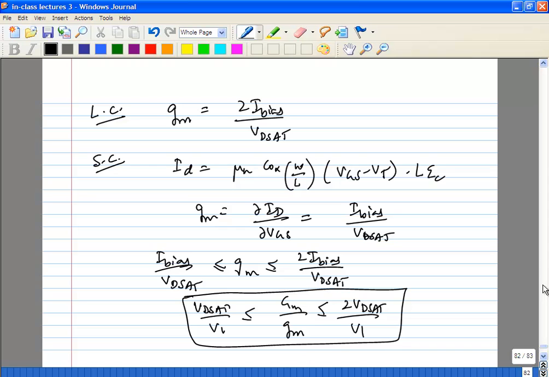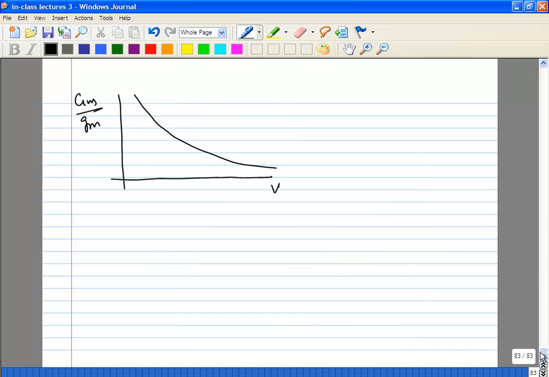However, in reality, the actual curve is probably going to look something like this, and it's going to reach 1. So this approximation is valid for large signals but not for small signals.